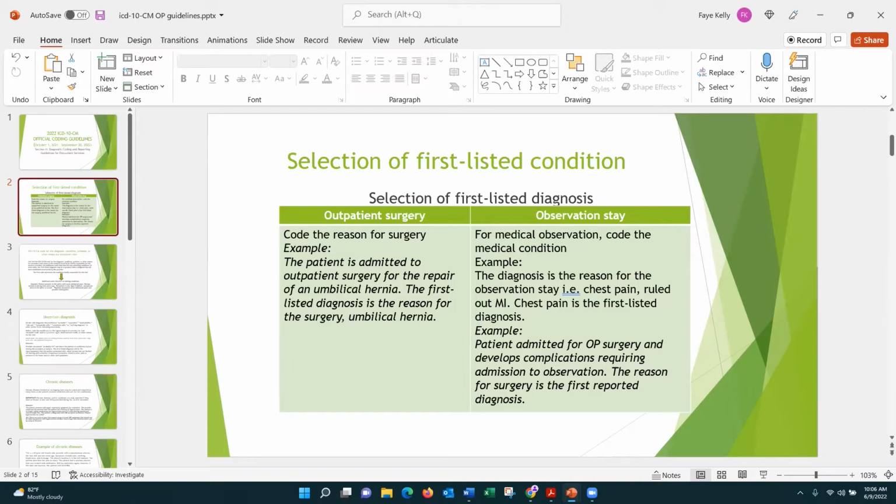But here's what we're told for the selection of first listed diagnosis. When we're trying to determine what our first listed is, the general and disease-specific guidelines take precedence over the outpatient guidelines.